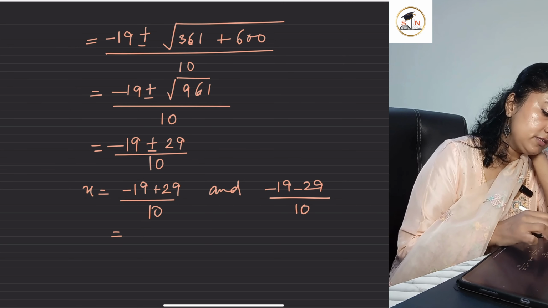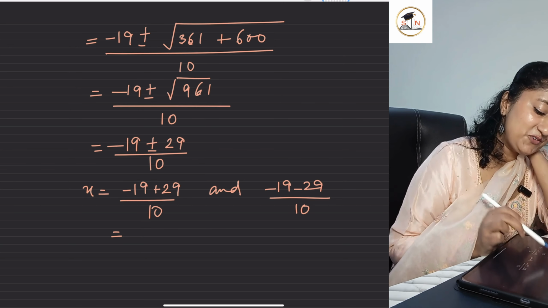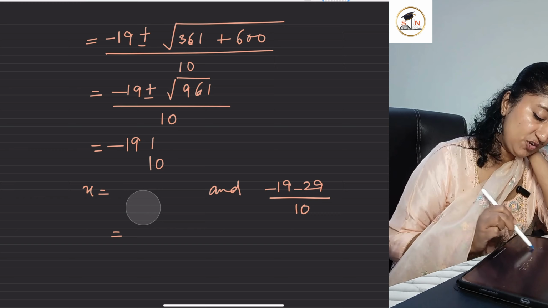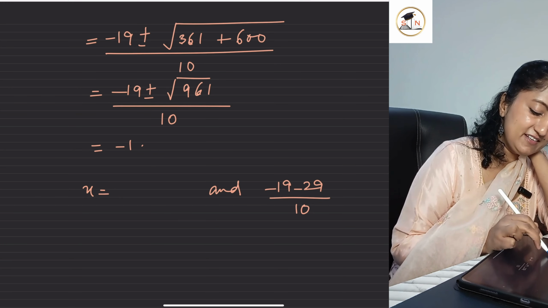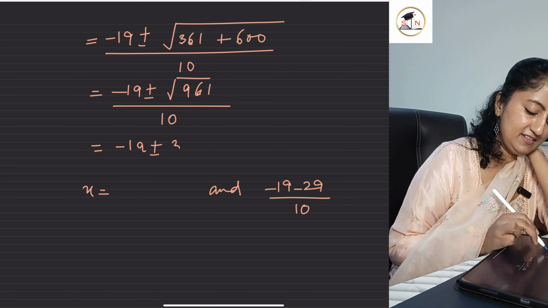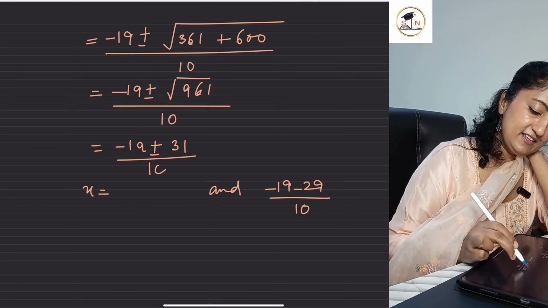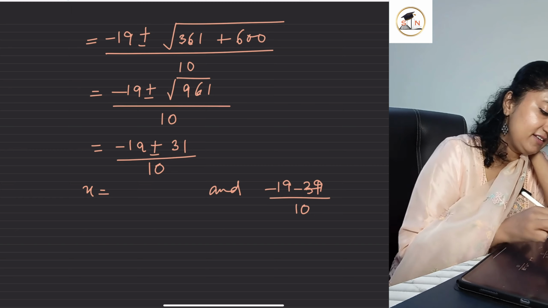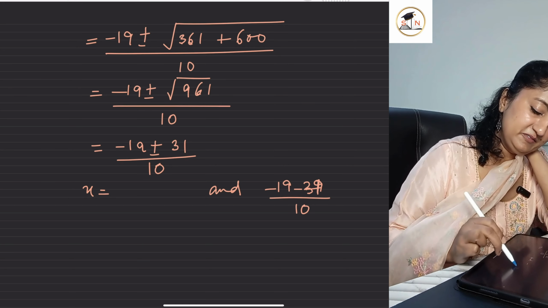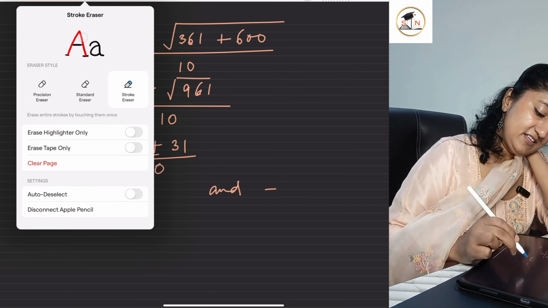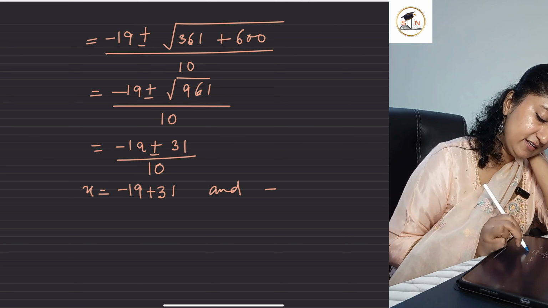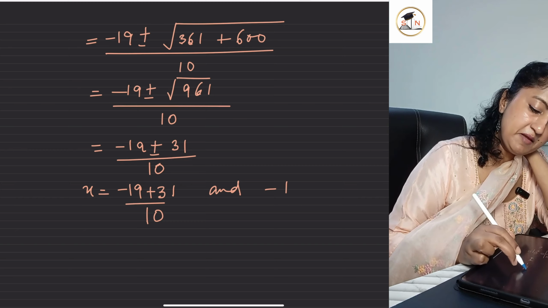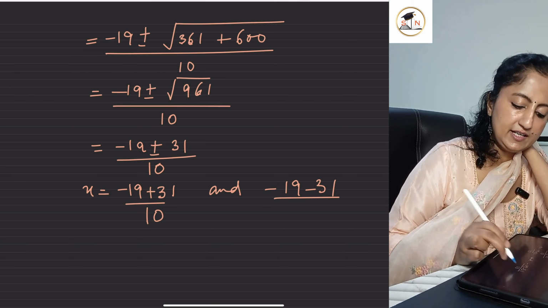The square root of 961 is actually not 29 but 31. Okay, it is 31. So we have minus 19 plus 31 over 10 and minus 19 minus 31 over 10.